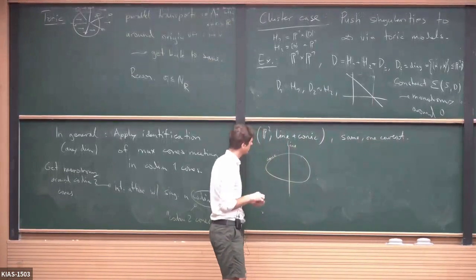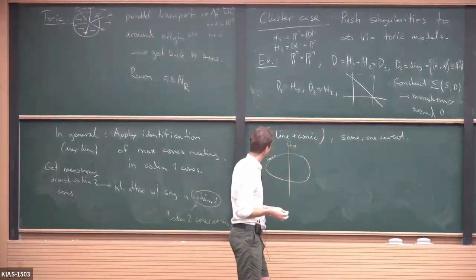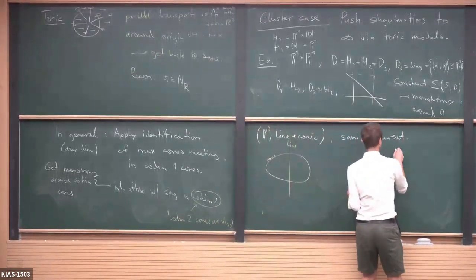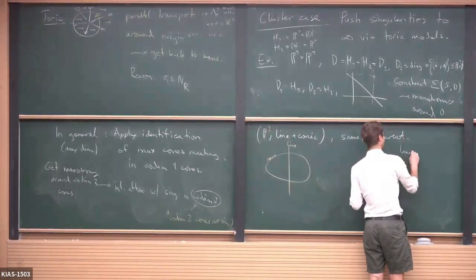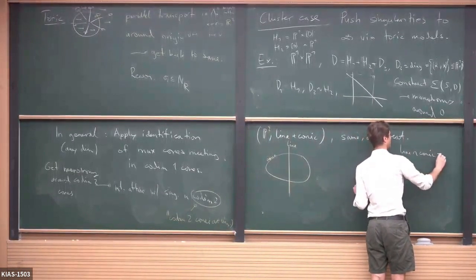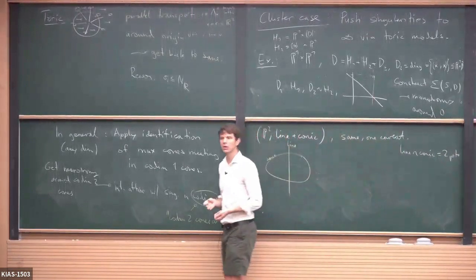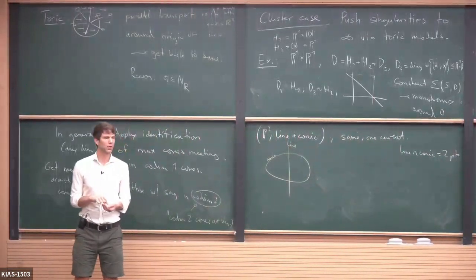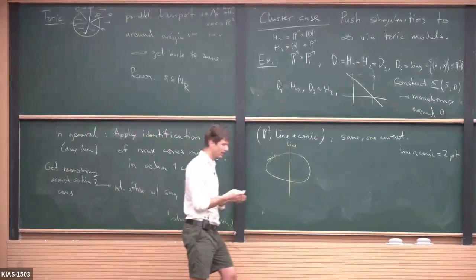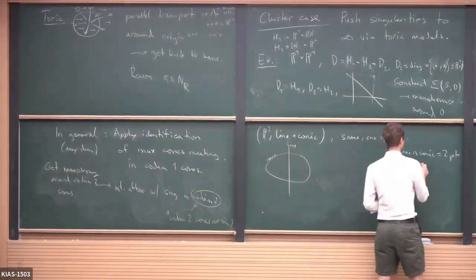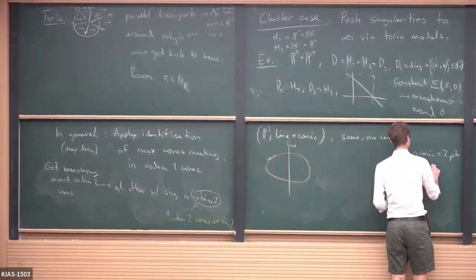And so the caveat is, the line intersect conic is 2 points. And I didn't say this when I defined the tropicalization, so this is not connected.